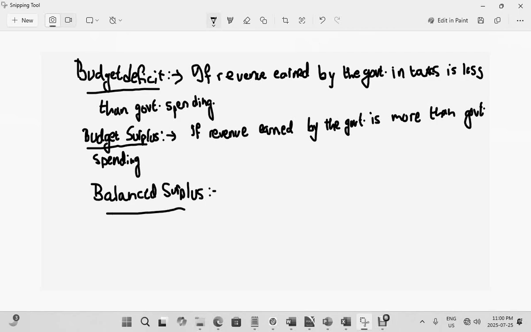So revenue, in terms of taxes received, is equal to expenses, or government spending. And we're going to talk about the different categories when it comes to government spending.